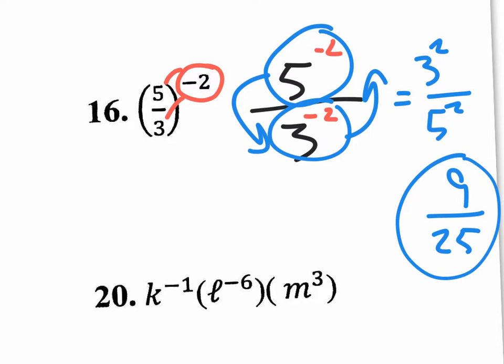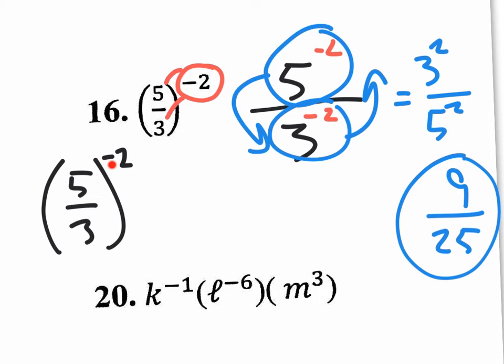Now, there's another option. You don't have to do it this way, but it's just an option I want to tell you about. Whenever you have a fraction to a negative power, yes, you could distribute in, that's perfectly fine. But another option is to change the negative exponent to a positive and flip the fraction. So you could change this to a 3/5 and make that a positive 2.